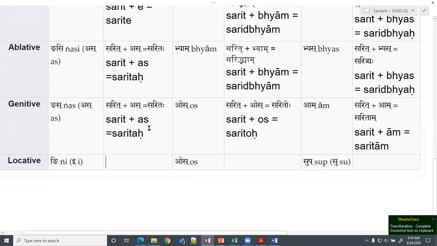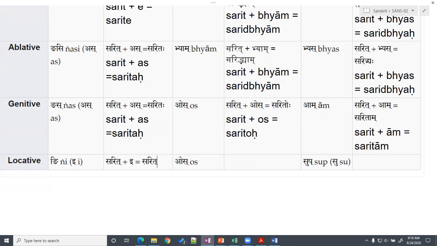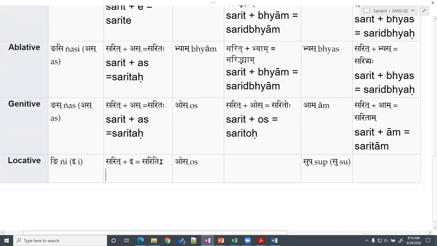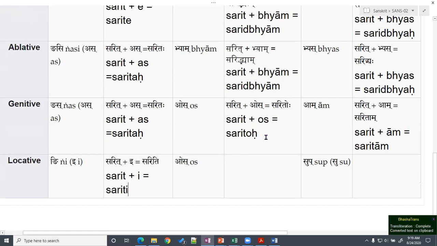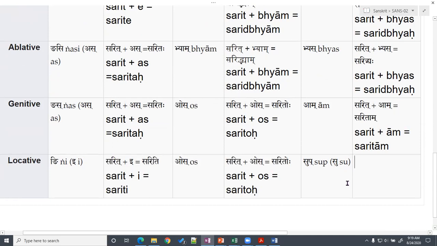And this one, ni, it's going to be sarit plus i, sariti. Saritos remains the same. And sup, again only the su remains, so sarit plus su becomes saritsu.